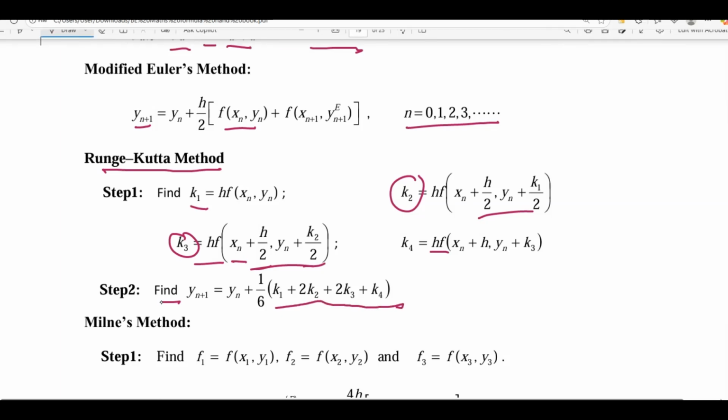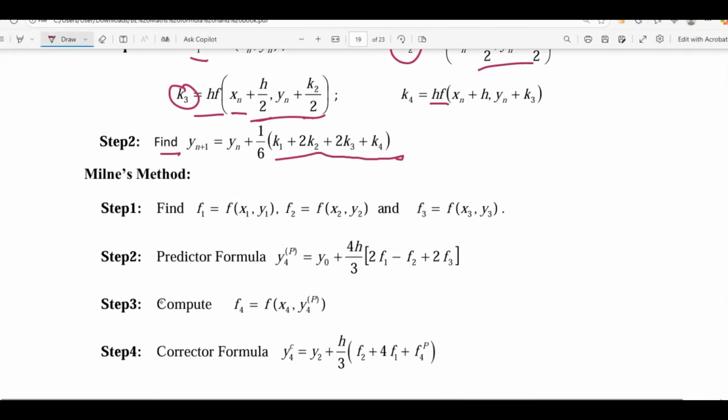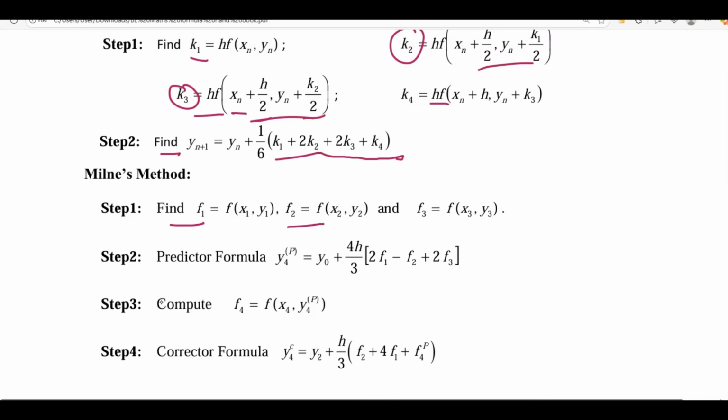Then Milne's method: you find f1, f2 and f3. Then the predictor formula: y4 of p equals y0 plus 4h by 3 into 2 f1 minus f2 plus 2 f3.